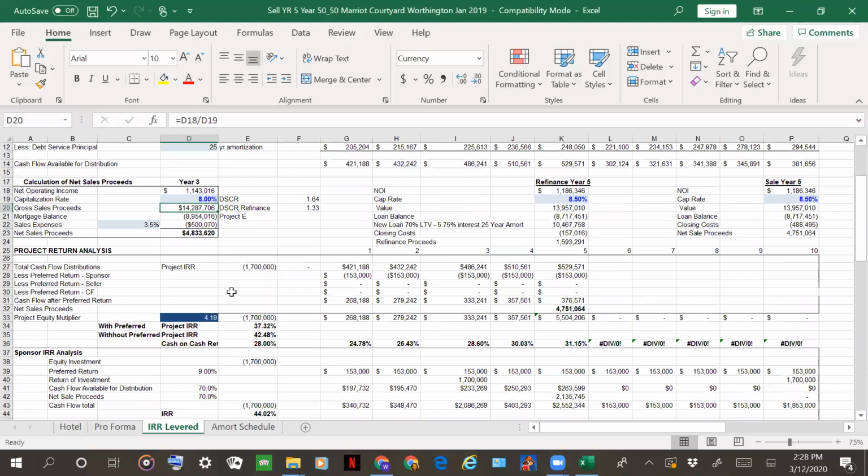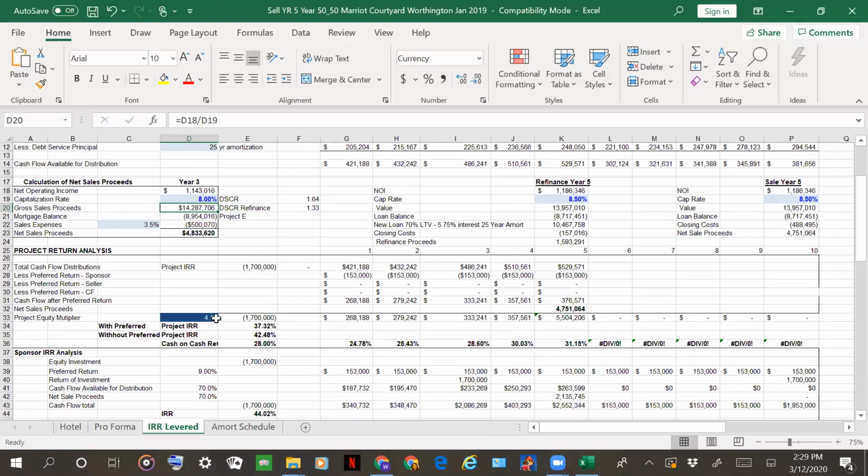Here you see your projected return. Right now, this project equity multiplier gives you a 4.19, meaning on your 1.7 million investment, your money came back 4 times. That's inclusive of all the cash flow that you received over that period of time.